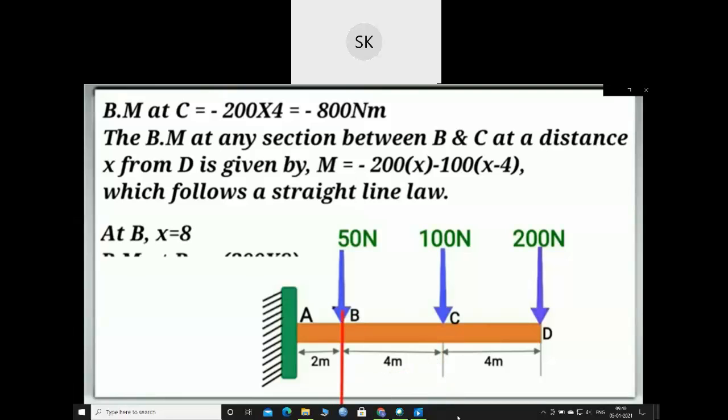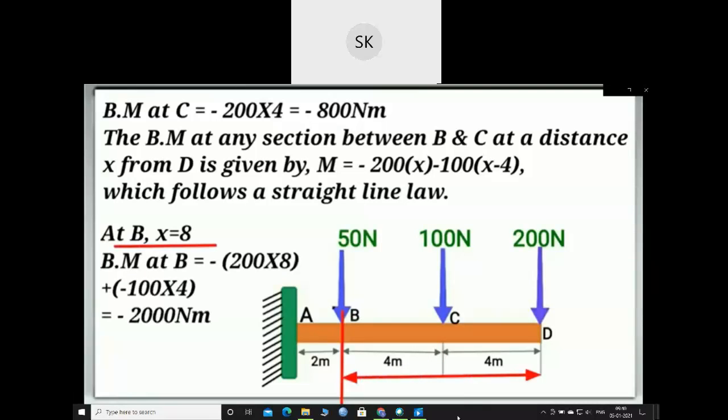At point B, x will be equal to 8. So bending moment at point B will be equal to minus 200 into 8 minus 100 into 4, equal to minus 2000 Newton meter.